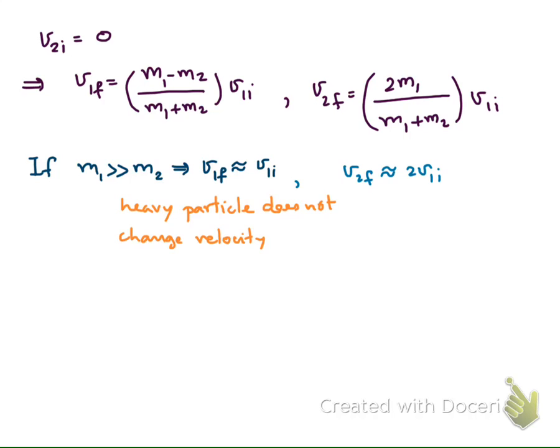What we have is that the light particle will rebound with twice the velocity of the heavy particle.